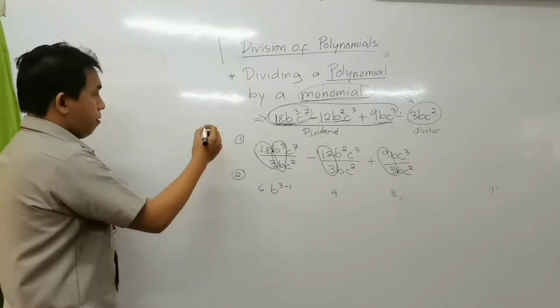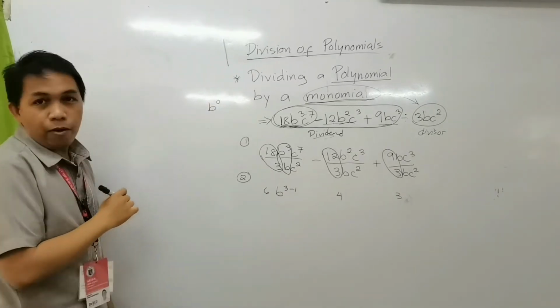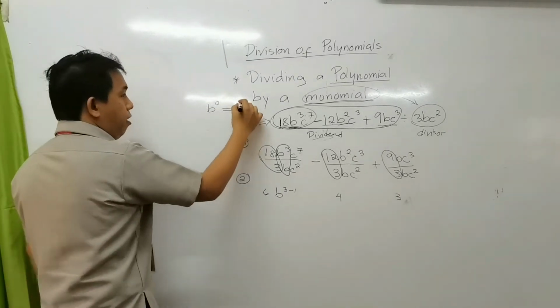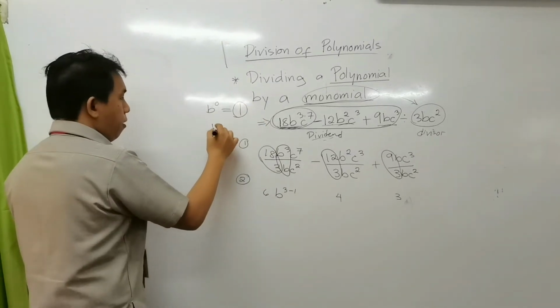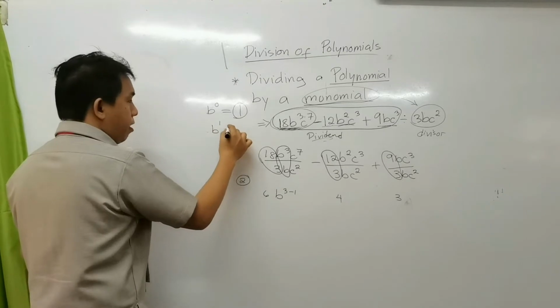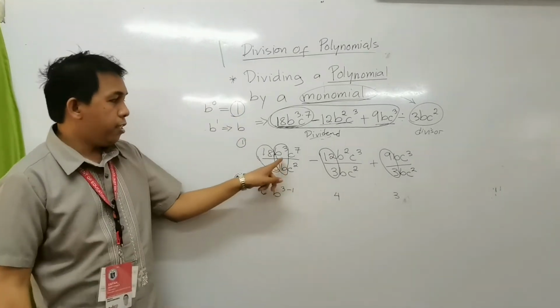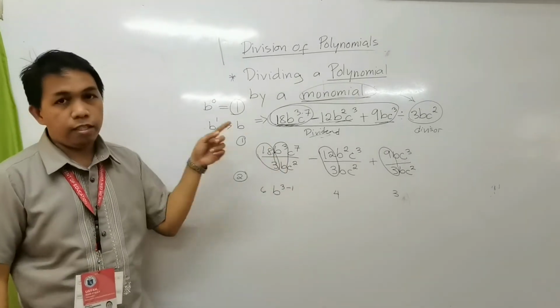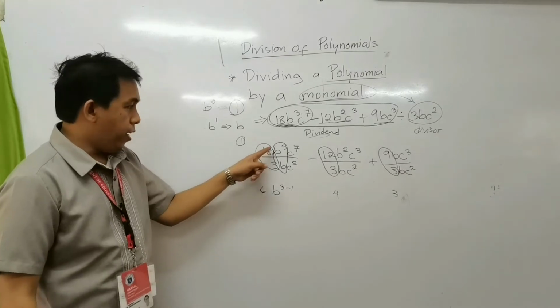Because b to the power of 0 is equal to 1, so it should be b to the power of 1, because that is considered as b. That is the difference. That's why if you don't see any exponent there, it is assumed as 1. Okay, so we have b.